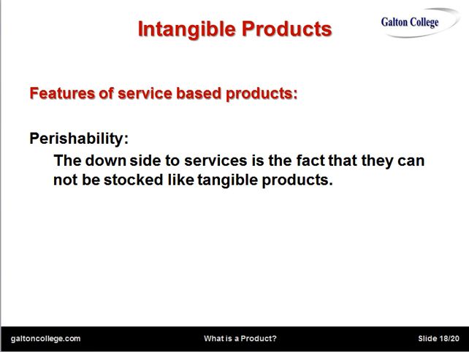But before you go in, the waiter or the waitress does not go to the table 100 times, leaving coffees, to build up a stock of coffees for you to go in and have one. That would be silly. So the service only happens at the moment it is required.